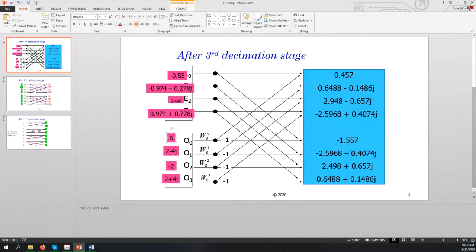So this next value here will be 1.007. This one here will be 1.06 plus 1.239 j. This one here would be 0.657.